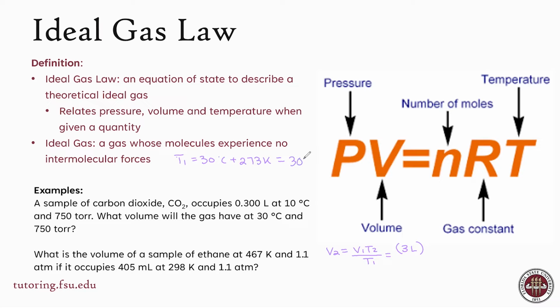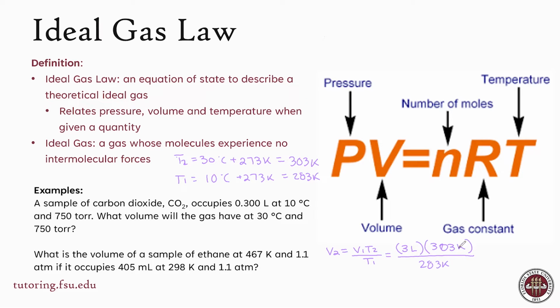And that gives us 303 Kelvin. And then T1 was 10 degrees Celsius, meaning that it's 283 Kelvin. So now we plug in our T2, which is 303 K, and 283 K.